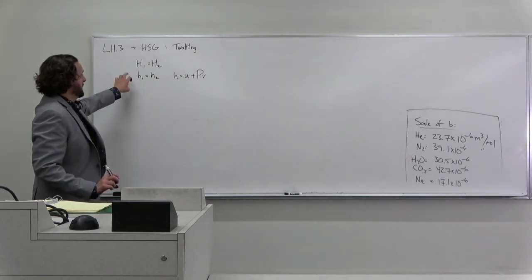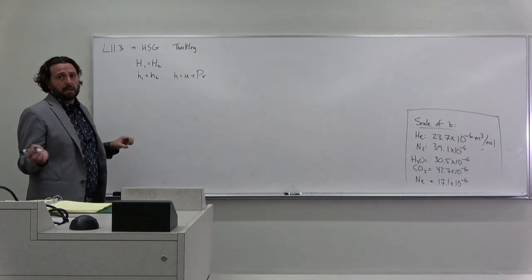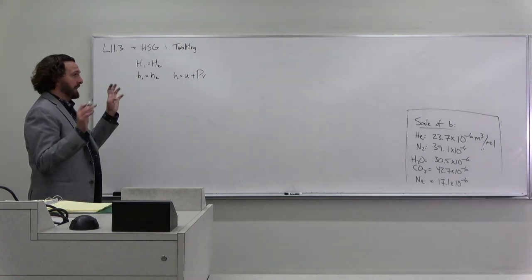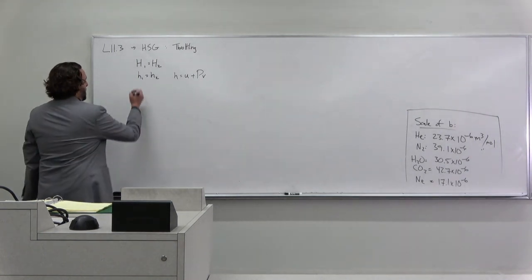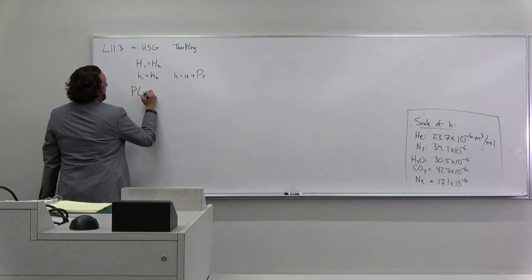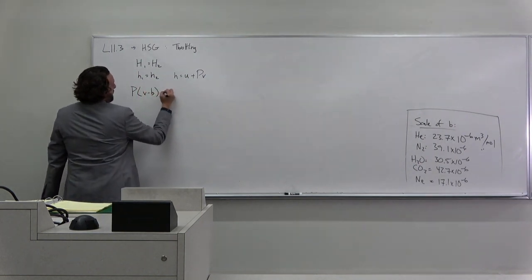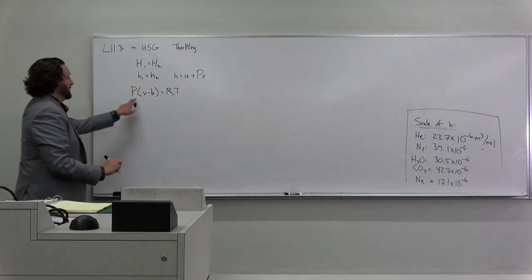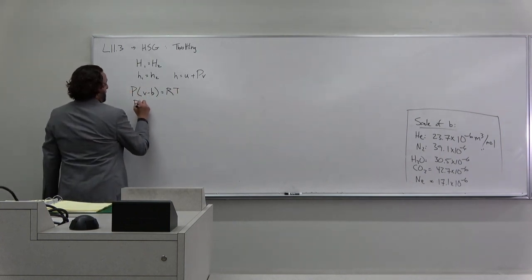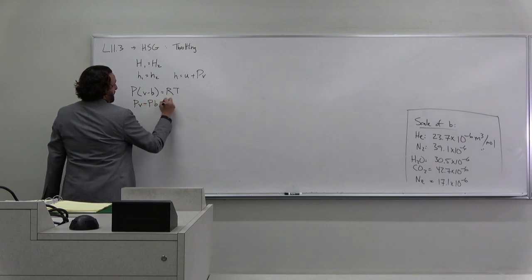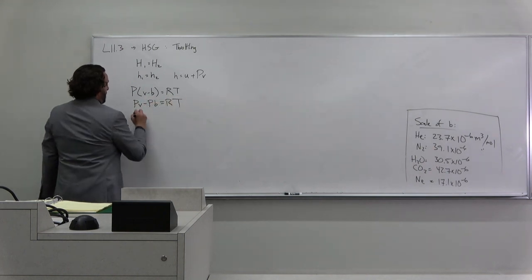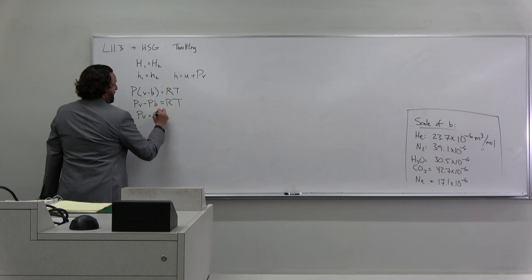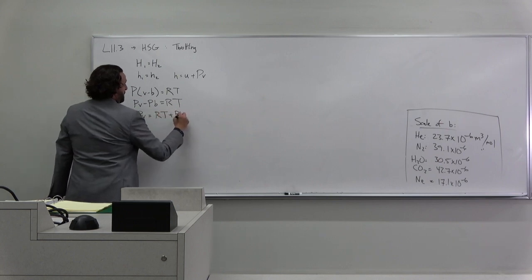Okay, so throttling is an isenthalpic process, but now instead of applying the ideal gas, let's apply our hard sphere gas, which was P(V minus B) equals RT. Let's rewrite this as PV minus PB equals RT, or PV is RT plus PB.